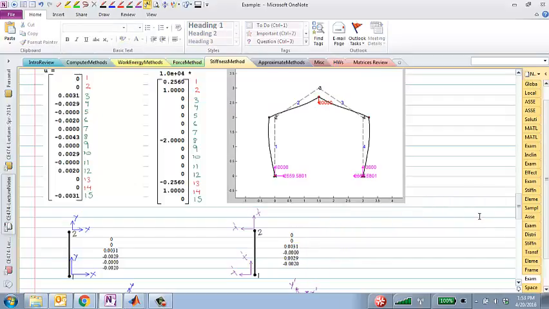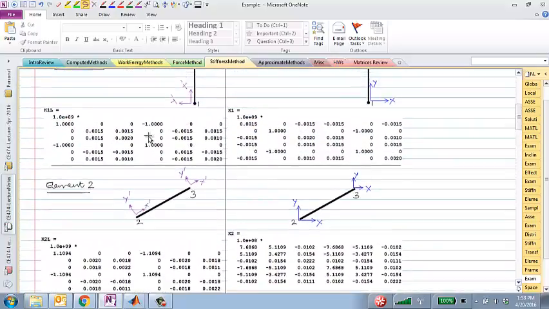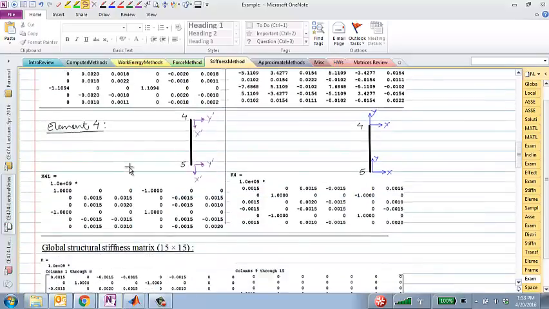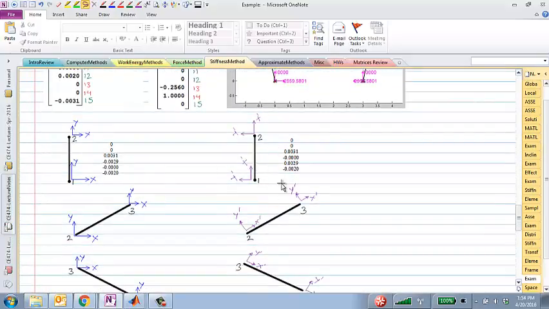I can multiply this element 1 local stiffness matrix, this matrix, I can multiply that with this, the local degrees of freedom, to get the forces at the ends of this element.